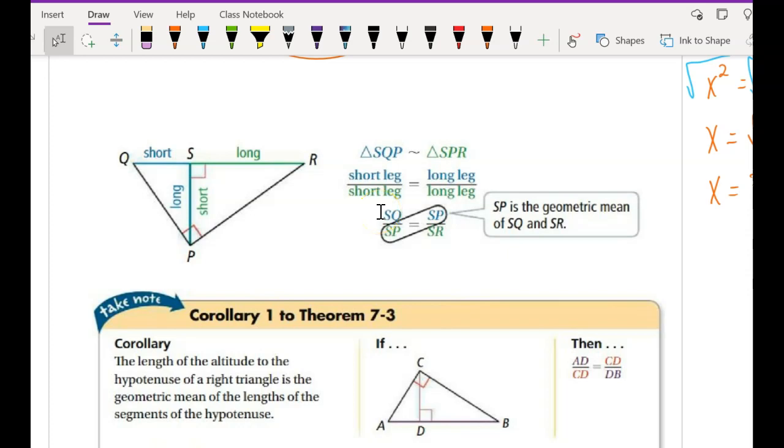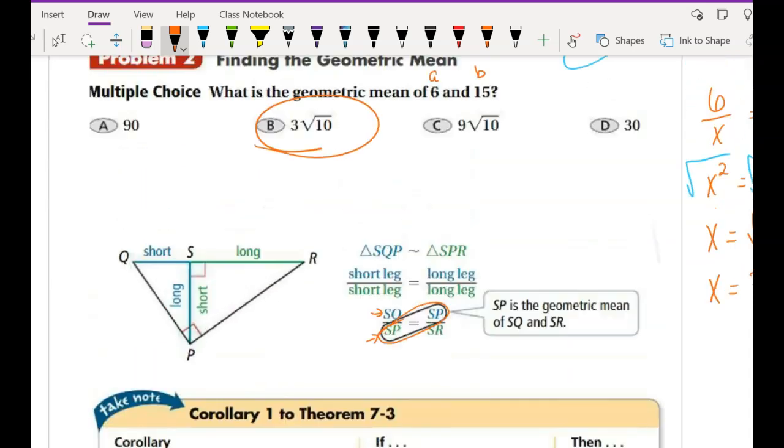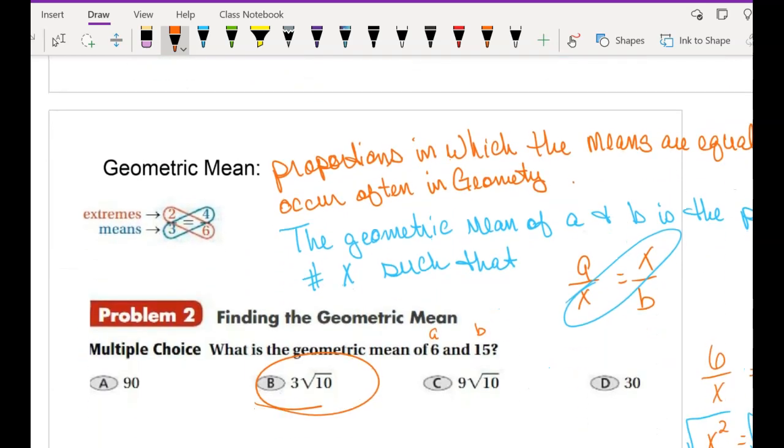The short leg was SQ, and the short leg in the larger triangle was SP, and the long leg in the smaller triangle was SP. So, oh look, those are equal. So SP is your geometric mean.